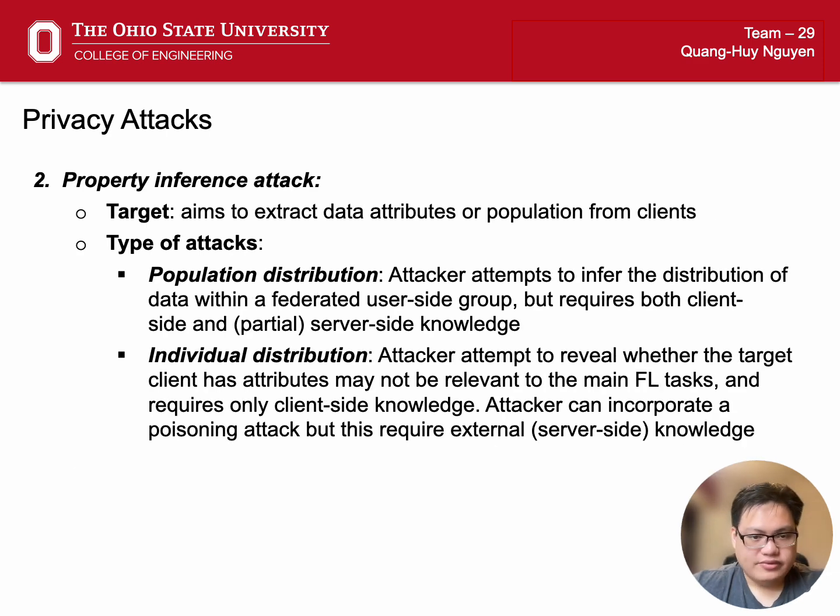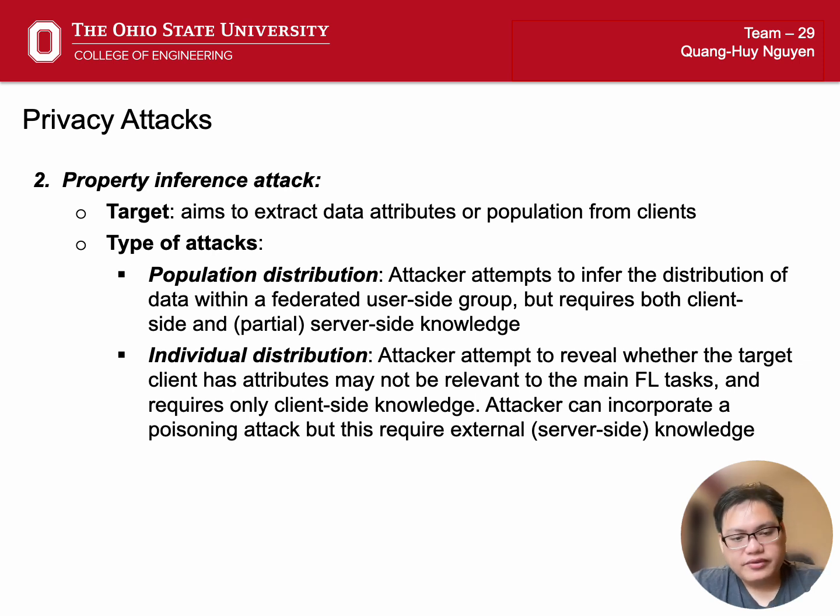On the other hand, for property inference attack, the target is to extract data attributes or distribution from the client side. And there are two kinds of attack. In population distribution, the attacker aims to infer the distribution of data by federated user-side group, but it often requires both client-side and partial server-side knowledge.